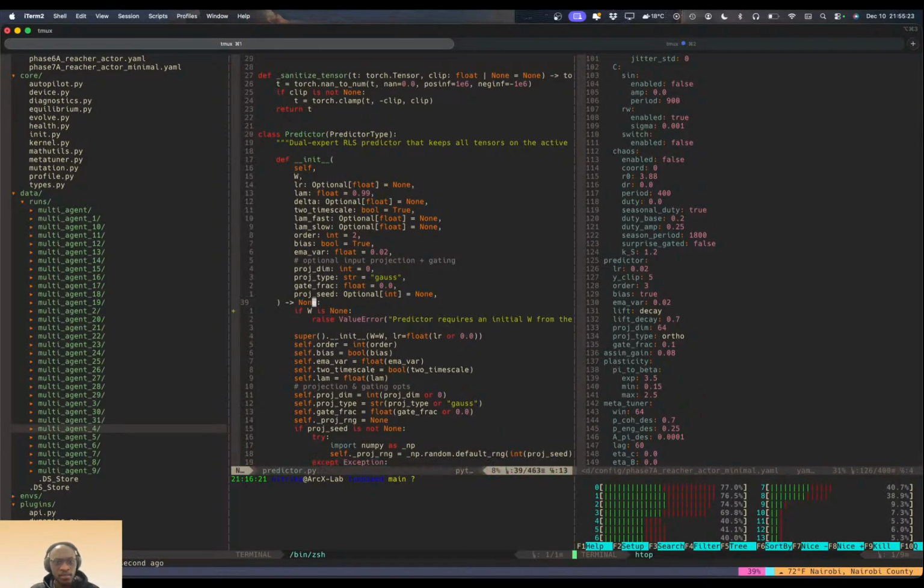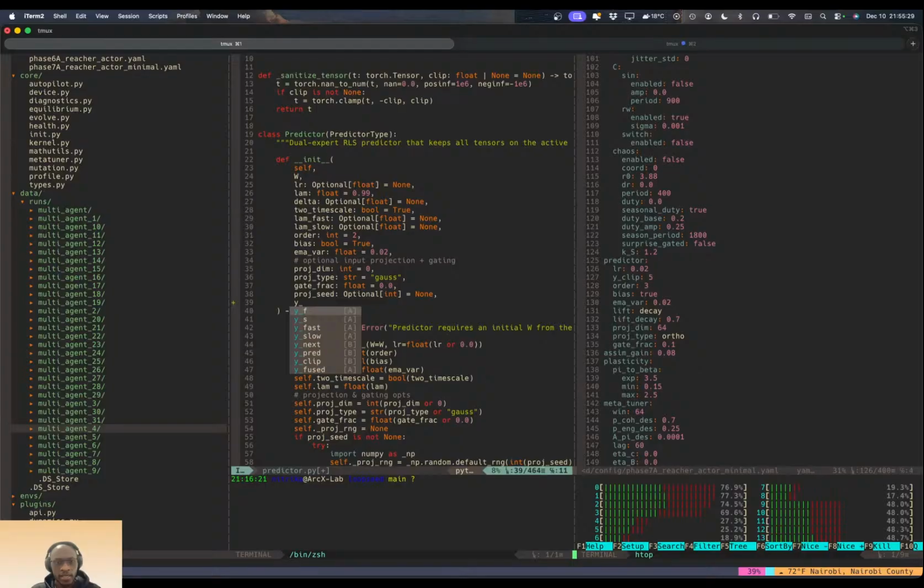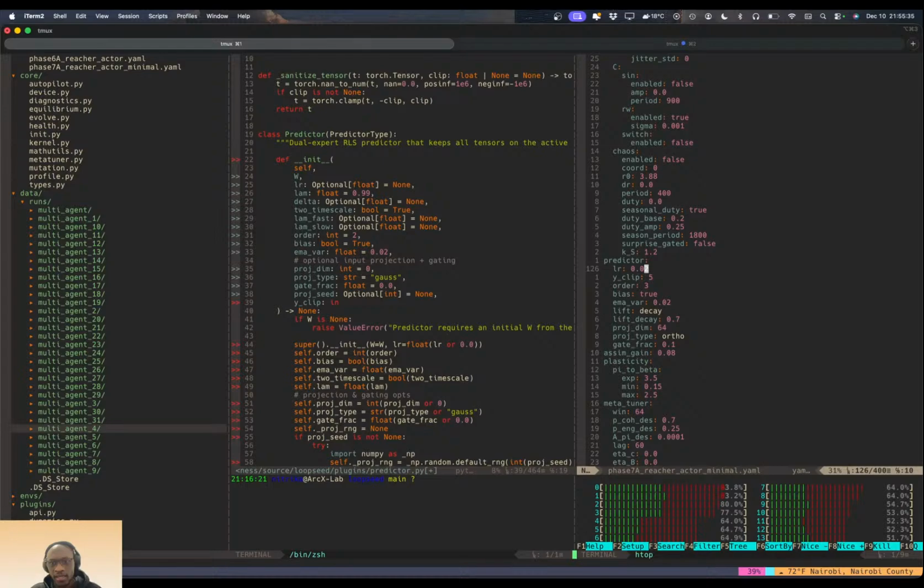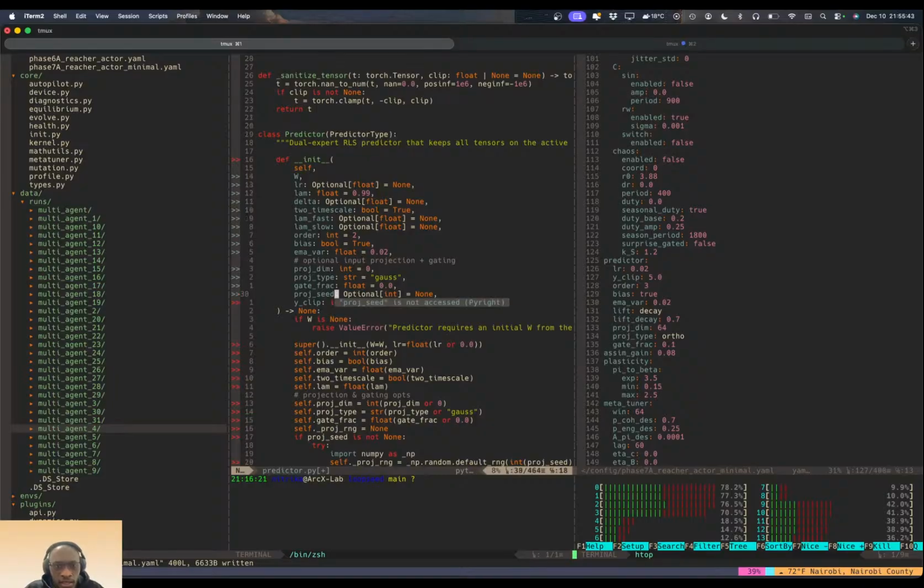We also want this value to show up here. Let's say I want y clip. Okay, let me make it a float value, and y clip or none. Should I make it or none?